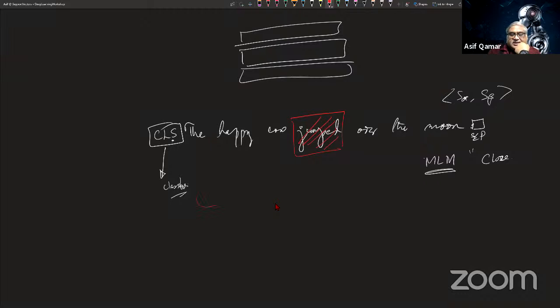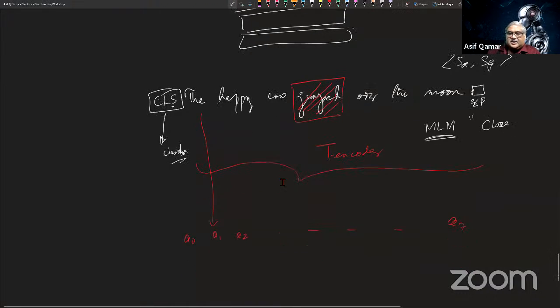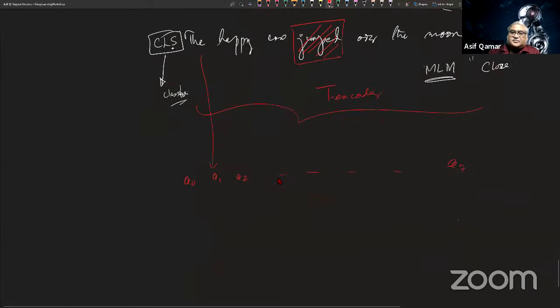Then you pass it through the transformer encoder layer, and each word will have its final output. Let's say A0 for CLS, A1, A2, all the way to A7. It will produce these. So then you look at this word, 1, 2, 3, 4. So A4. You feed it.